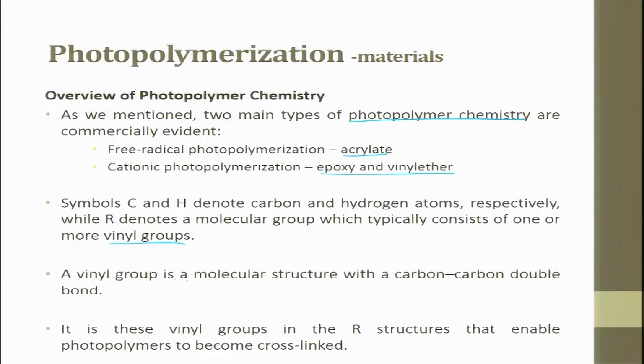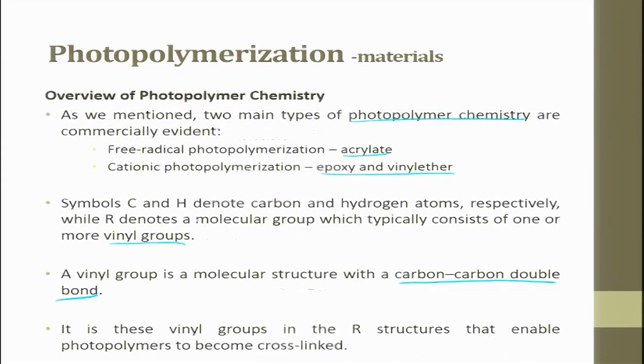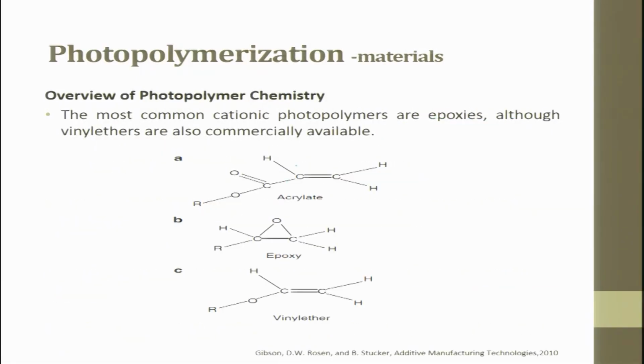A vinyl group is a molecular structure with a carbon-carbon double bond. It is this vinyl group in the R structure that enables photopolymers to become cross-linked. So, we have talked about all these things where R, C double bond H, we have oxygen, we have R structures; these are for acrylate, these are for epoxy, these are for vinyl ether.